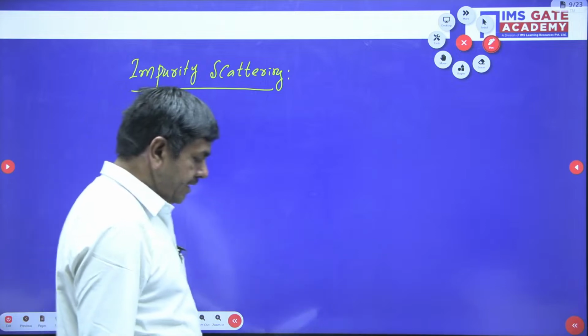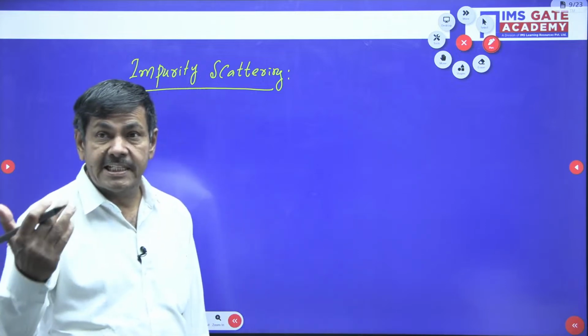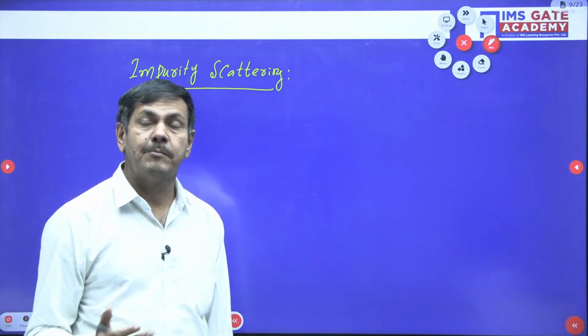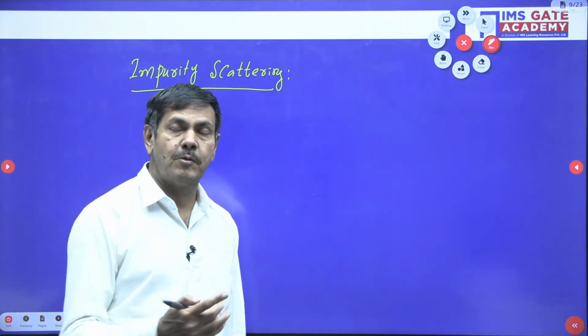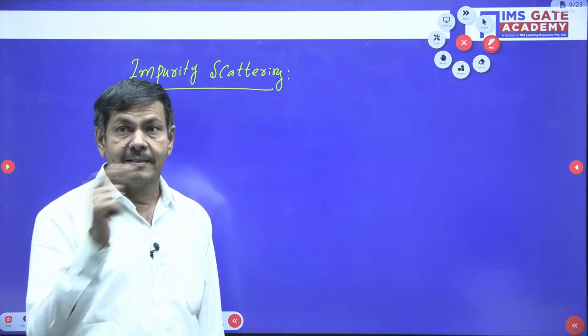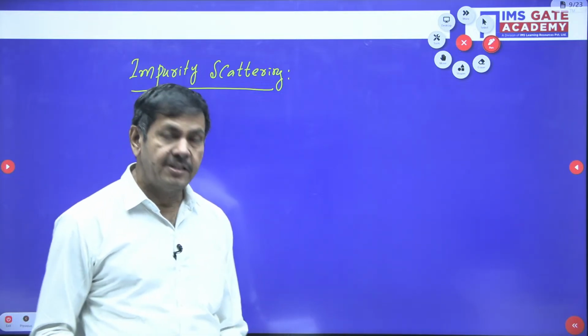But in impurity scattering, when the temperature decreases, the mobility decreases. That is called impurity scattering.